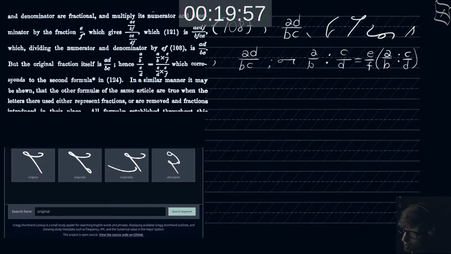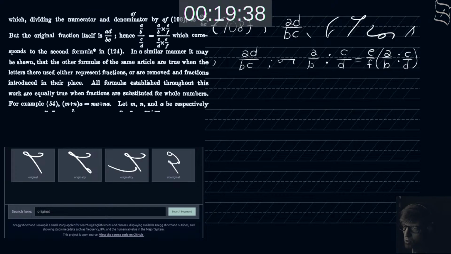And then using the commutative, no, not the commutative law, it's the associative law. No, it would be the distributive law. So we have E over F, and then it would just distribute out to the other two terms, which corresponds to the second formula in Article 124.